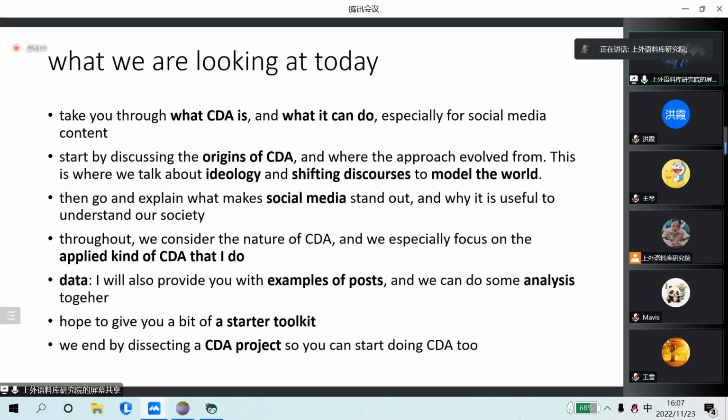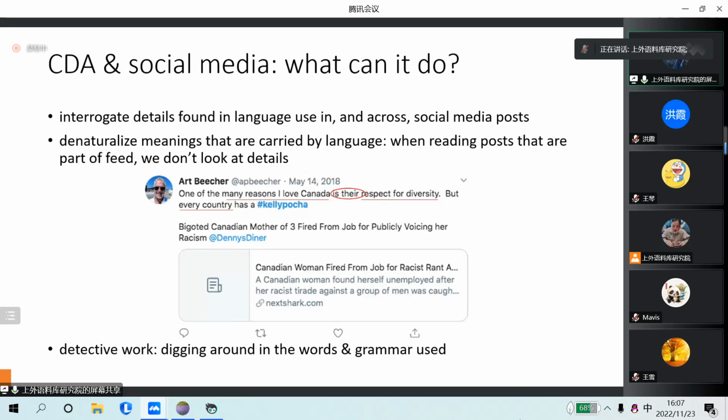So, CDA in social media, what can it do? Well, first off, it's just a tool. It's not something amazing. It's just a tool that allows you to find details in language use in and across social media posts. Normally, when we're posting on social media, I see this all the time when we're in the metro, everyone's on their social media and playing games and so on.